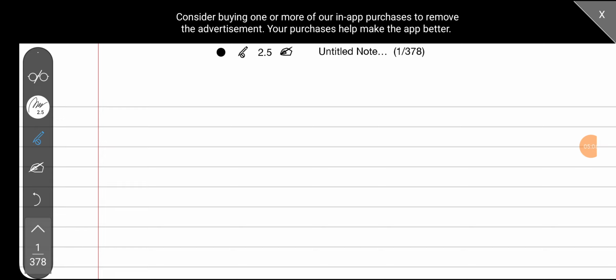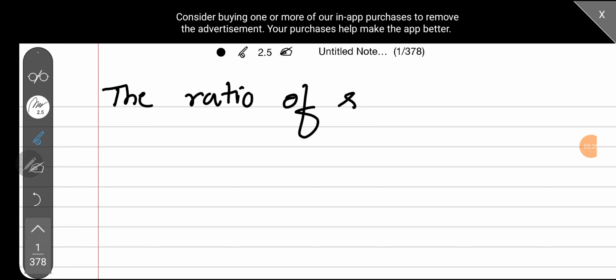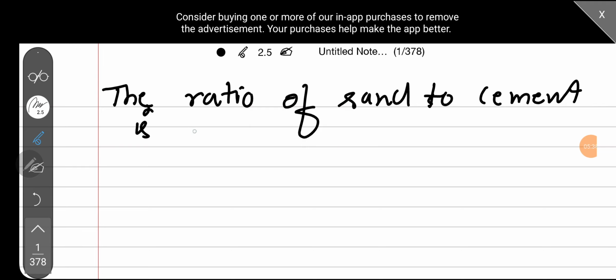Let's take an example. The ratio of sand to cement is 4:8, ratio 2.